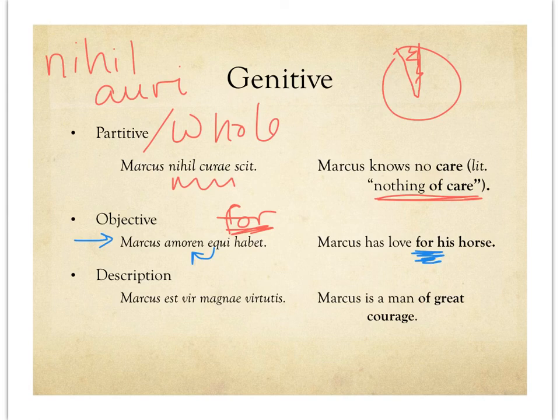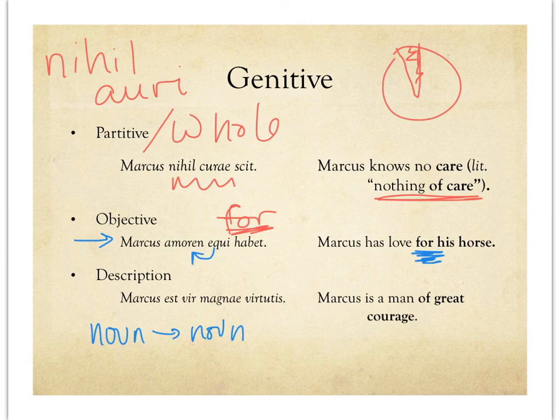So it's objective genitive. And then we have what's called a genitive of description. And this is really when you're using a noun to modify another noun. And you can see how this works. Marcus est vir magnae virtutis. Marcus is a man of great virtue. That is, what kind of man is he? He's a greatly virtuous man.